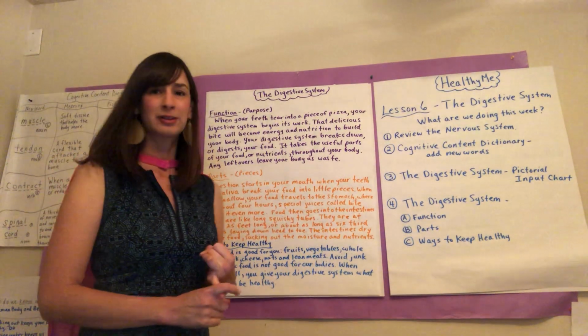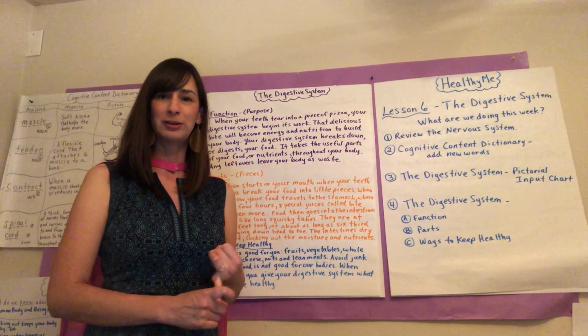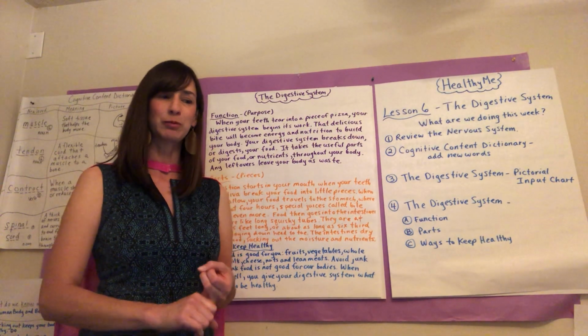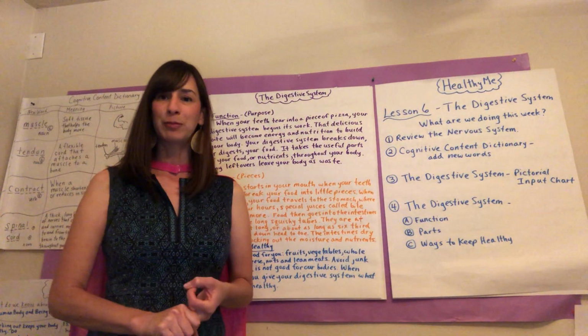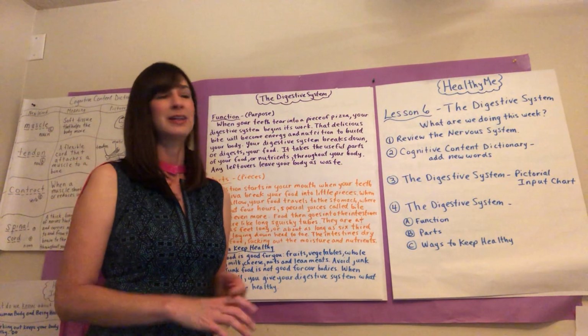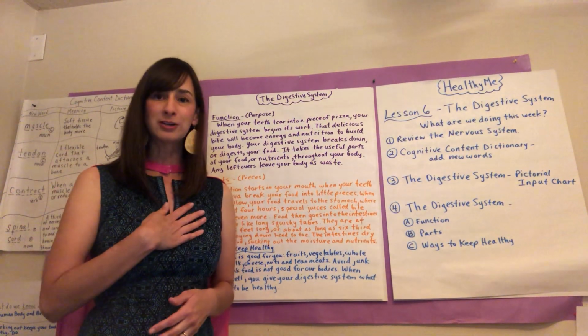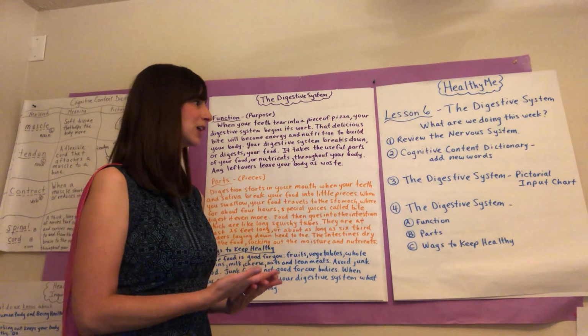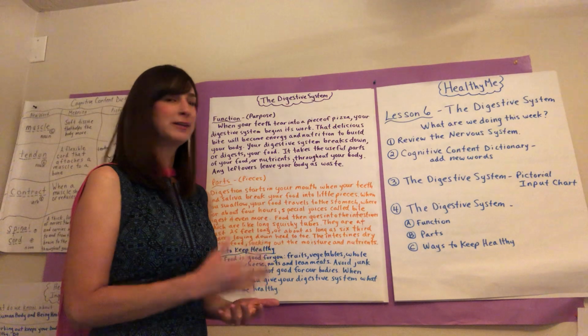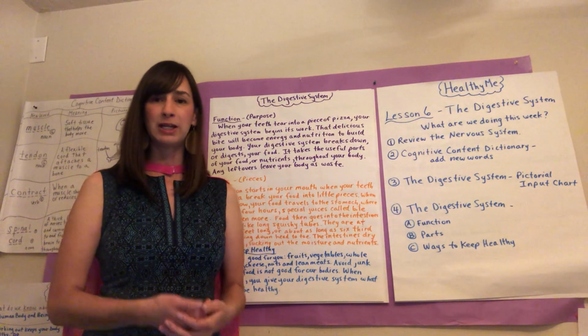Those healthy foods support your nervous system, which is your brain. They support your skeletal system, which are your bones. They help grow your muscles, and that's something that we've talked about. They are good for your heart. So all the systems that we've talked about so far have benefited from the food that we eat.